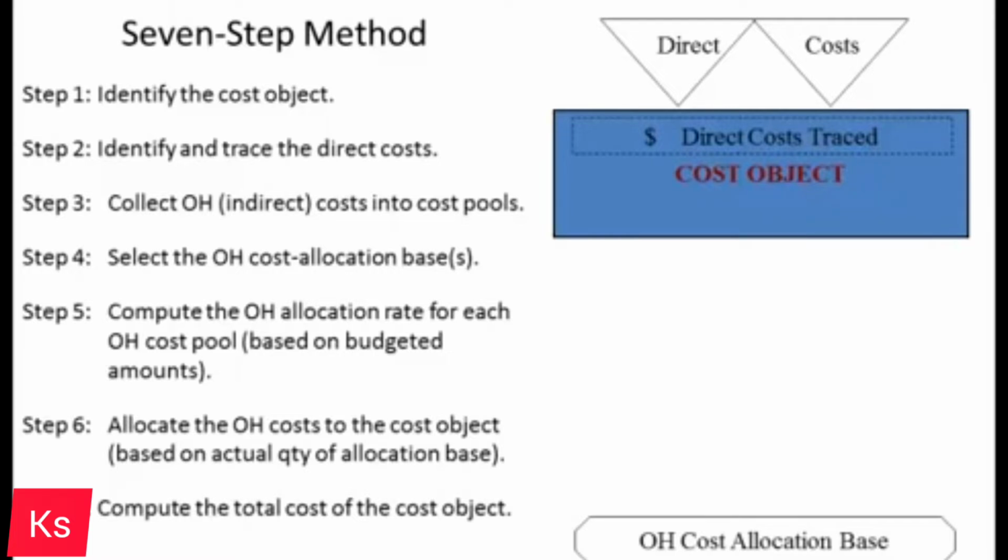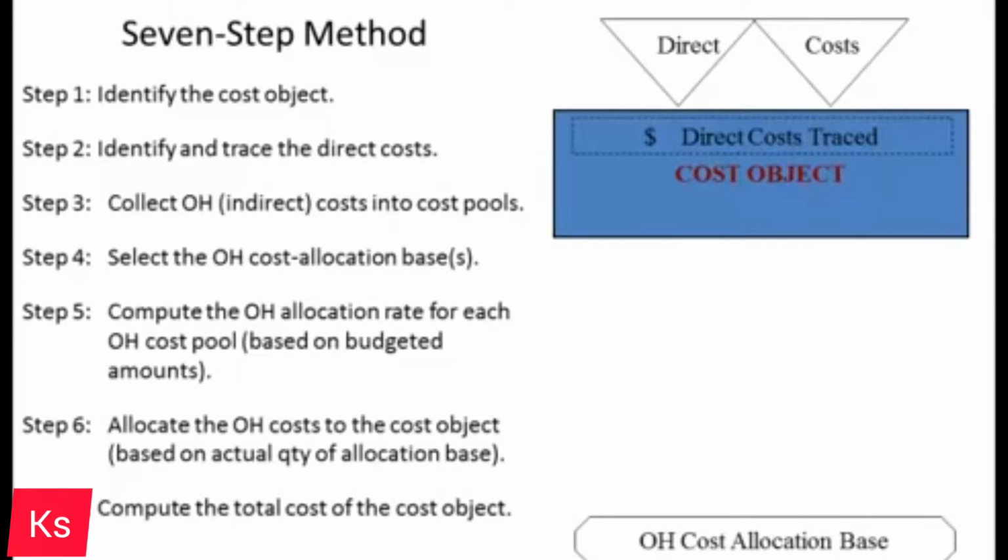What allocation base are you going to use? Now you might want to just take all of your overhead costs and spread them evenly over all of your products, giving every single product the exact same amount of overhead. That would be perfectly fine to do. On the other hand, you might want to do something a little different. You might want to say, for example, that those products that consume more labor hours should get a greater proportion of the overhead cost, and those that consume relatively fewer labor hours should get a smaller proportion of the overhead cost.